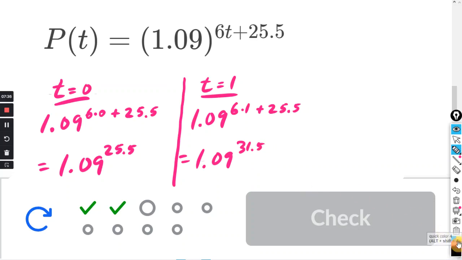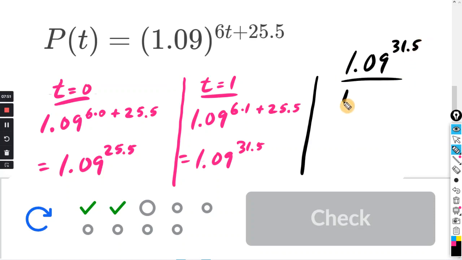Now, in order to see what it's multiplied by every hour, we'll just divide this by this. So we have 1.09 to the power of 31.5 divided by 1.09 to the power of 25.5.